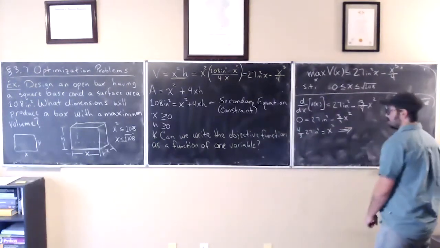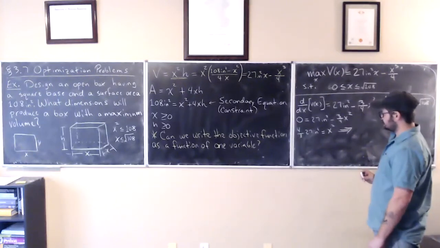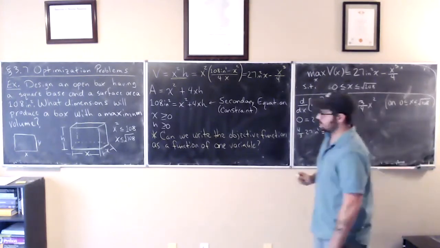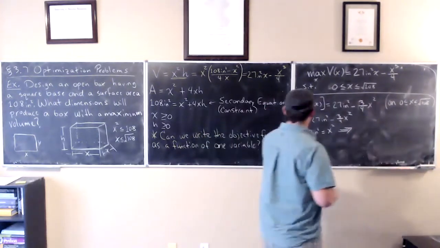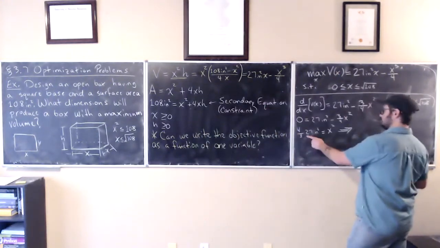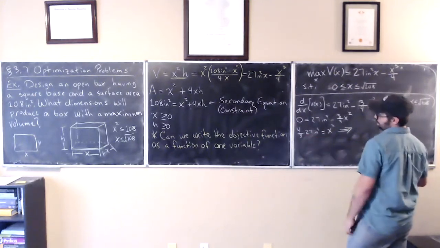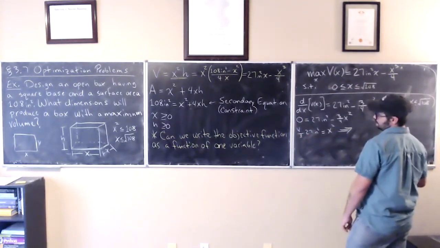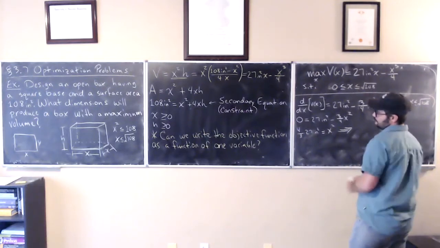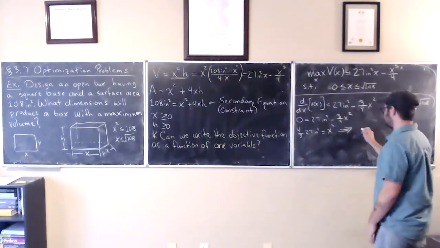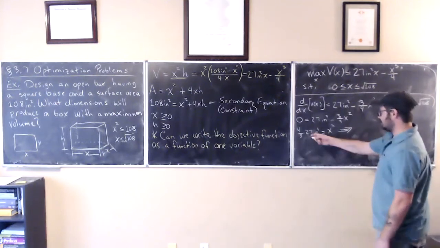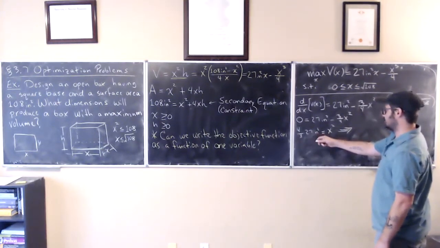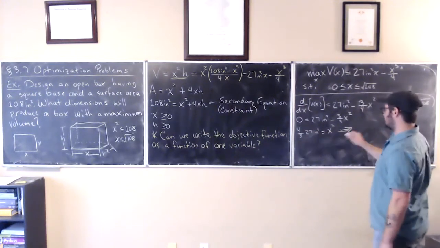which means that there's 4 times 27, so I can simplify it. So this is like 4 times 9, right?